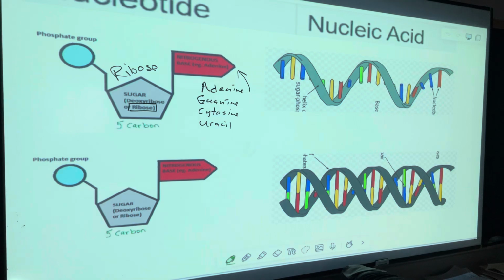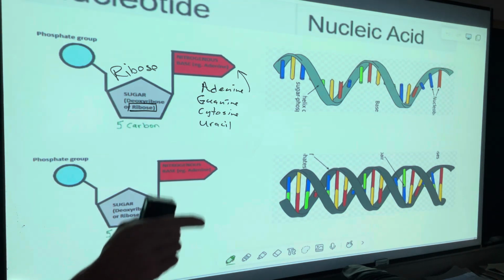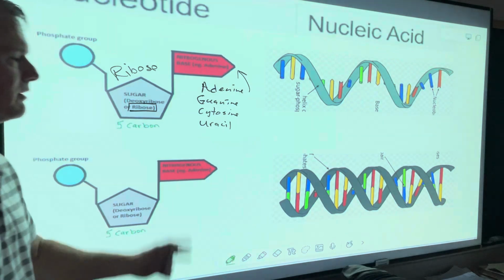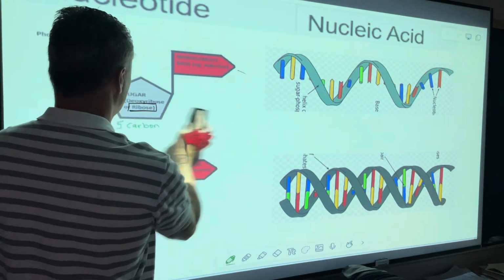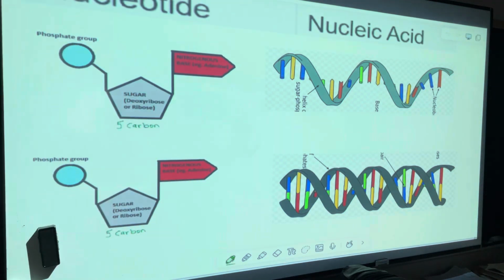I want you to remember, RNA is expendable. It can be trashed. It's cheap to make for our body. So we don't hesitate to break it apart and reuse it. Now, DNA, we don't want to use it like that. It's very precious, so we don't want to change it. If we change it, we start getting mutations and things start to happen.